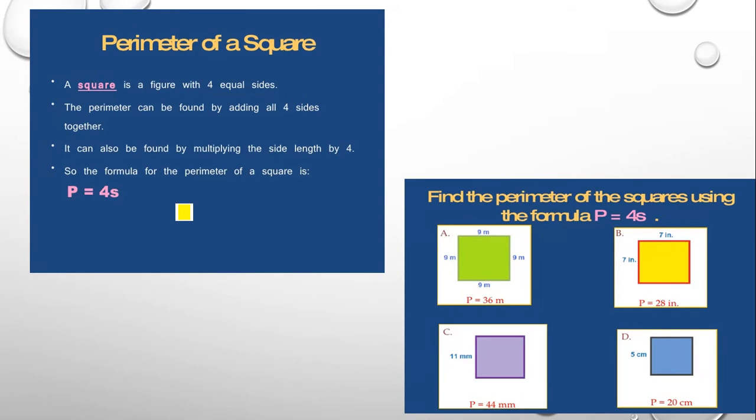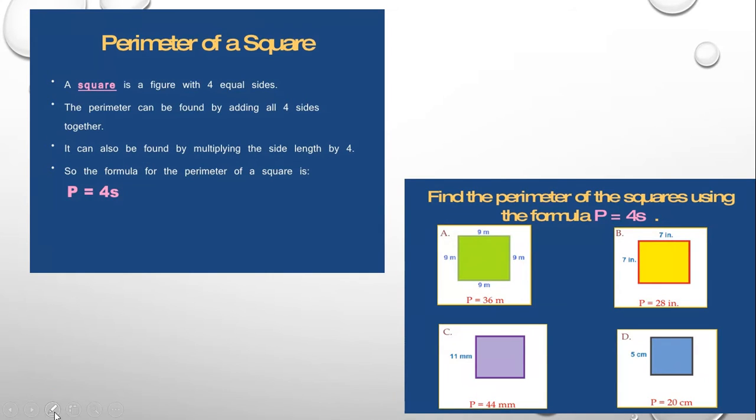So two ways you can calculate the perimeter of a square. Either you can do side plus side plus side plus side together, or else 4 into side by using the formula, right? Now you can see all the 4 figures are square. So 9 plus 9 plus 9 plus 9, that would come 36, or in the shorter way you can go with 4 into side.